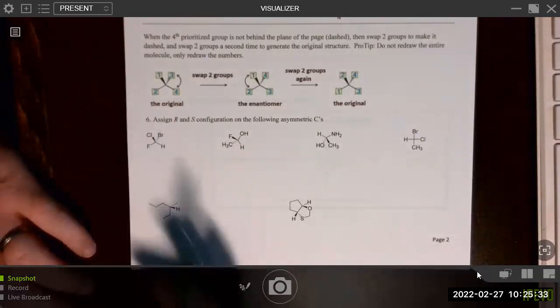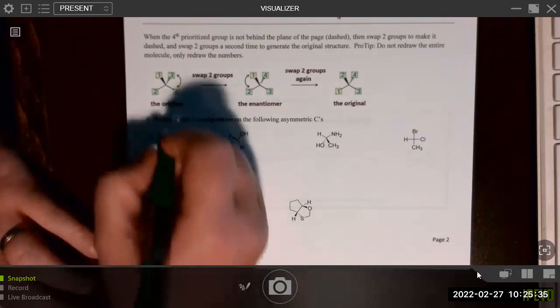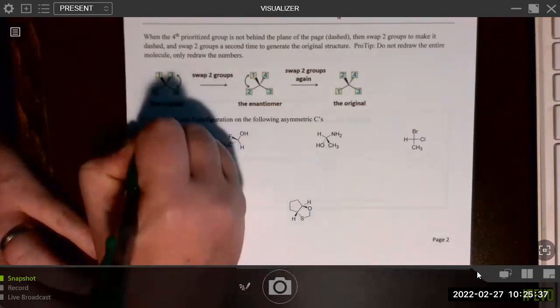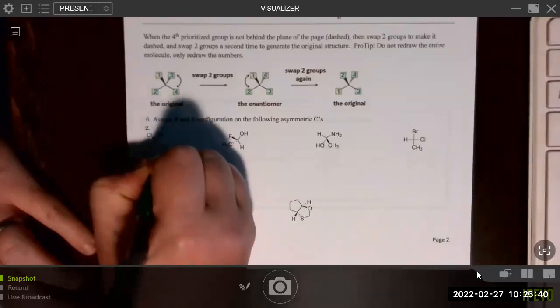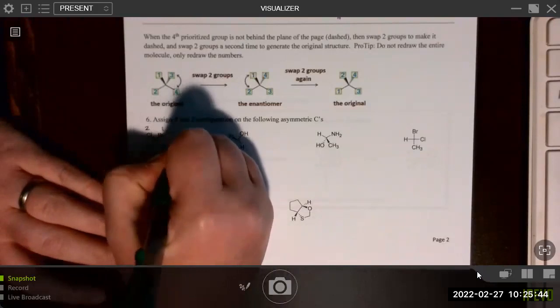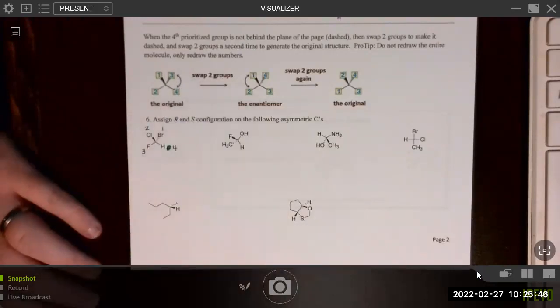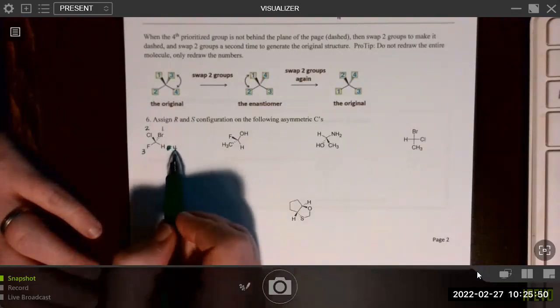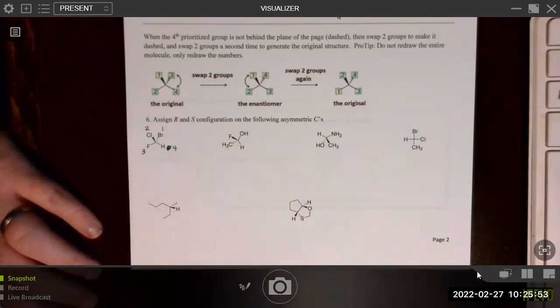Let's first identify the priorities. We have bromine first, chlorine, then hydrogen, which somehow got an F instead of a number 4. And we notice that our fourth priority group is not behind the plane of the page like we want it to be.